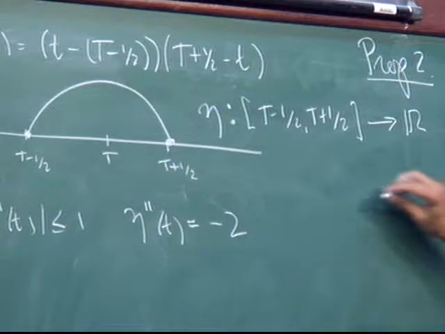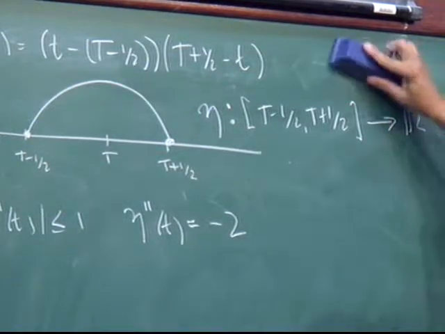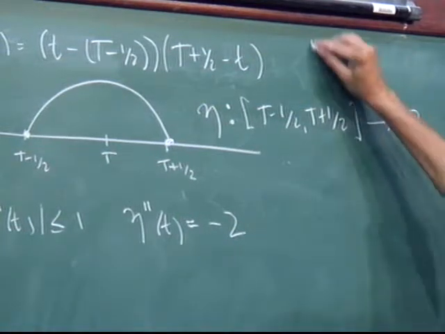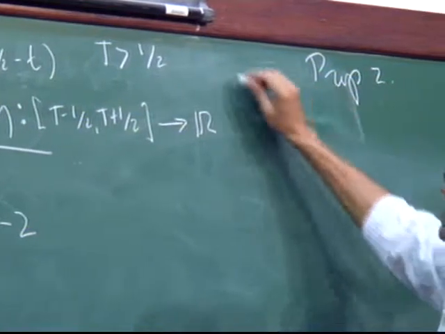Then proposition 2 is that you have this estimate.